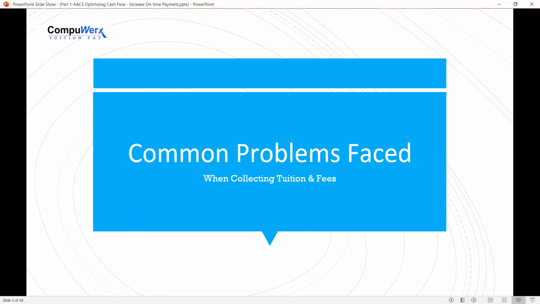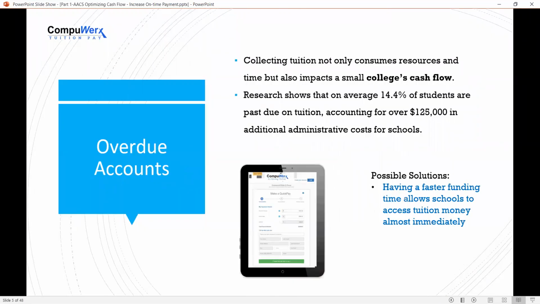Okay, what are the common problems colleges are facing these days when they collect tuition fee payments? Overdue accounts. We all know every school consumes a lot of resources and time collecting overdue bills, and that also impacts a college's cash flow.